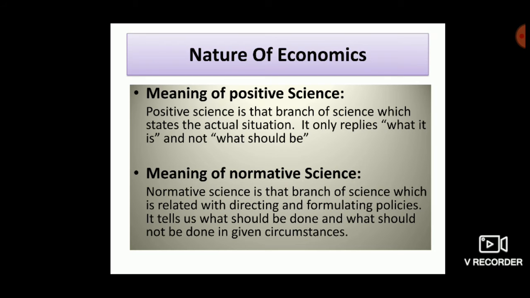The view of normative science is that it is that branch of science which is related with directing and formulating policies. The main object of normative science is the determination of ideals. Normative science tells us what should be done and what should not be done in given circumstances.